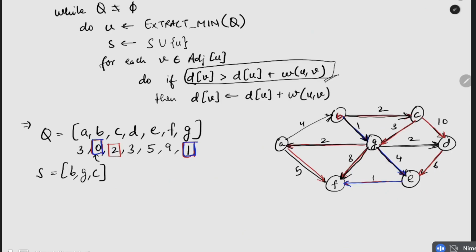And then we start looking for the adjacent vertices of C. Those are D and G, right? So let's check for D first, right? So is D of D, that is 3, greater than 2 plus the weight 10, right? No. So we don't update anything for D, right?